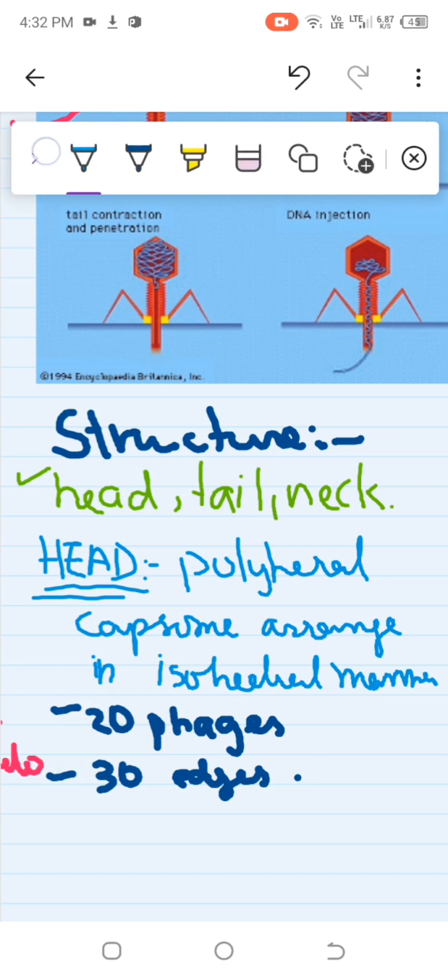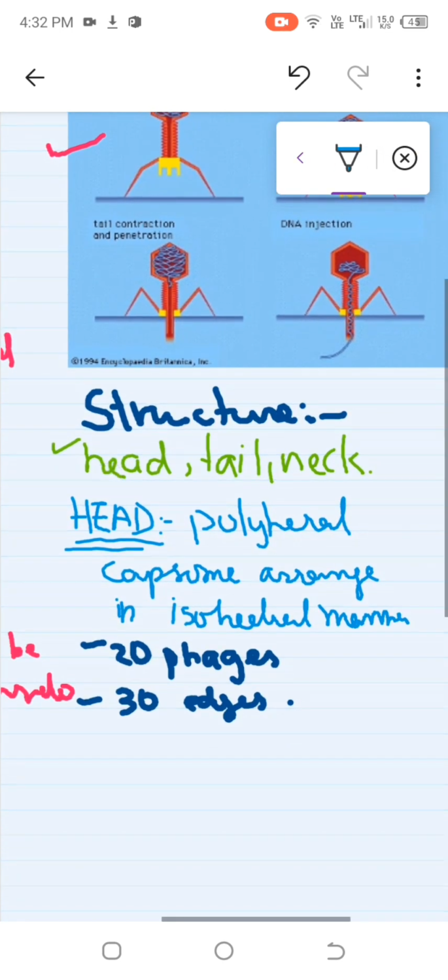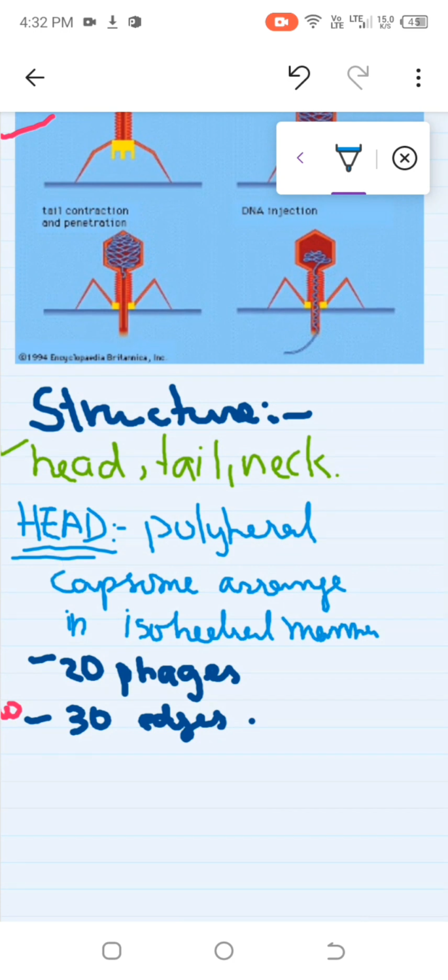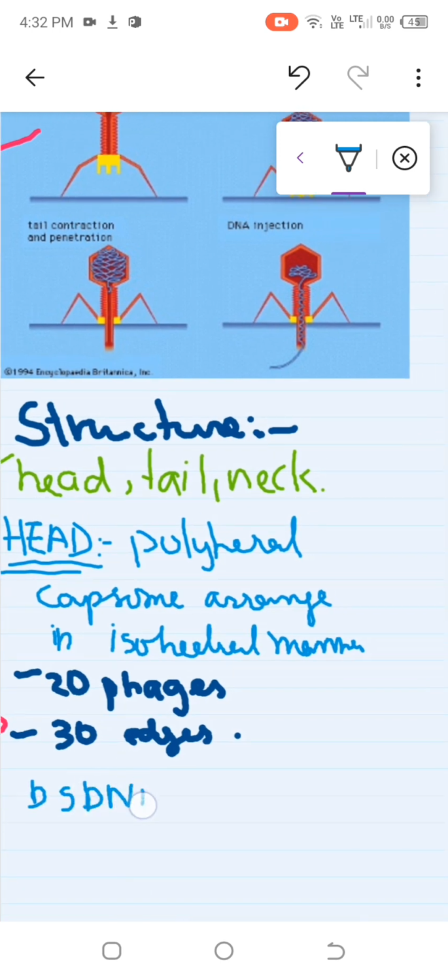Another thing we have is the genome. The phage consists of a double-stranded DNA linear genome, which is specifically deoxyribonucleic acid.